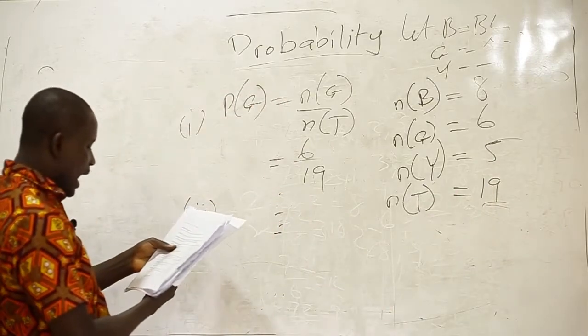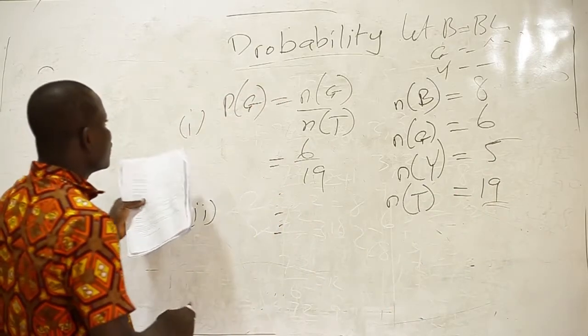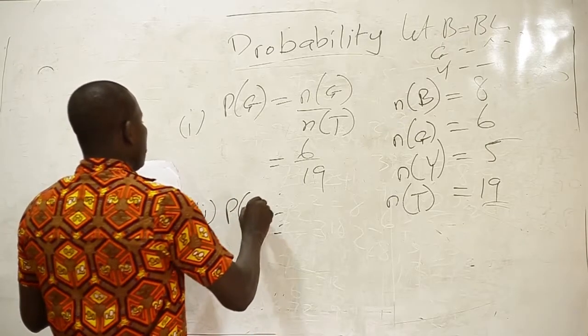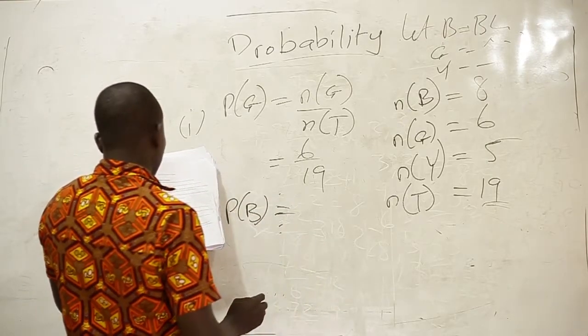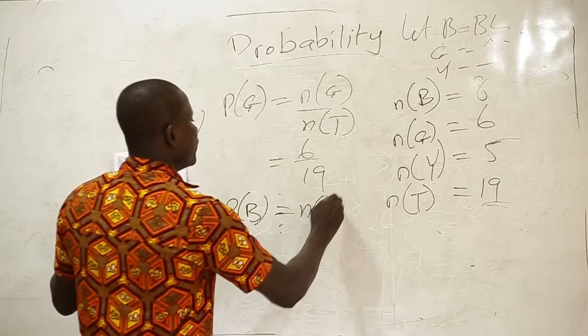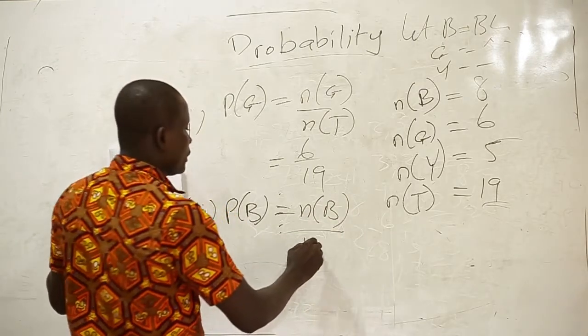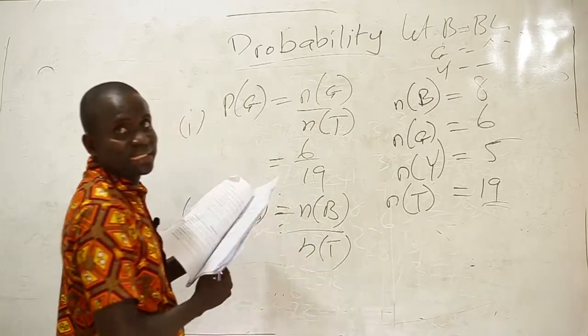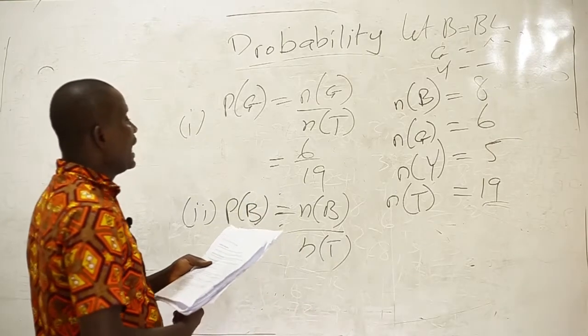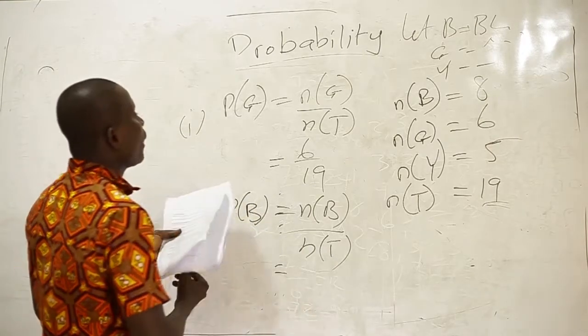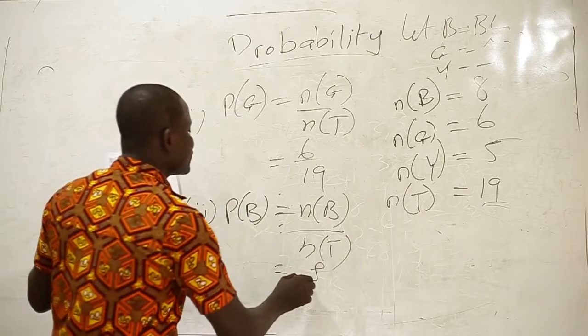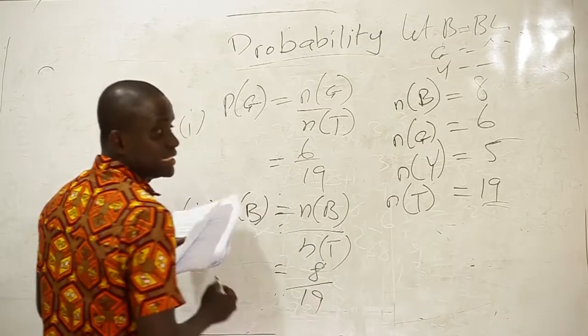Exactly. So let's see. So it says P of B, that is probability of getting blue, will be what? Will be NB over NT. Exactly. NB over NT. And what is NB? NB is 8 and N total is what? 19.